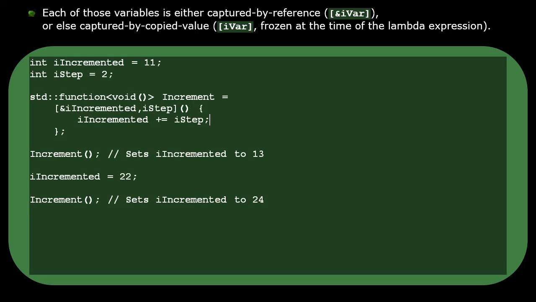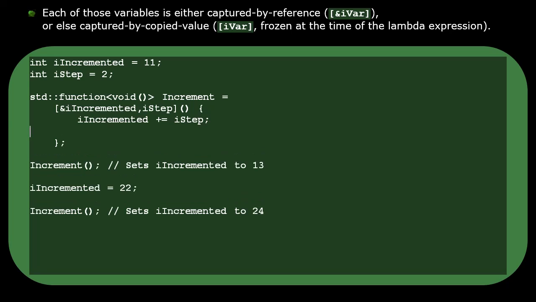This lambda's remembered storage of the copied value of 2 is something kind of like a compiler temporary, at least in the sense that the compiler owns it. You, the programmer, are not allowed to modify something that has been captured by copied value.